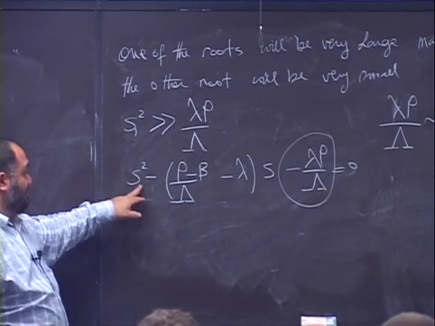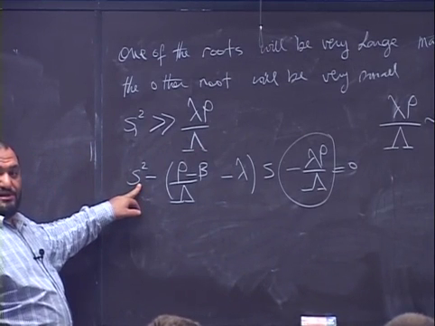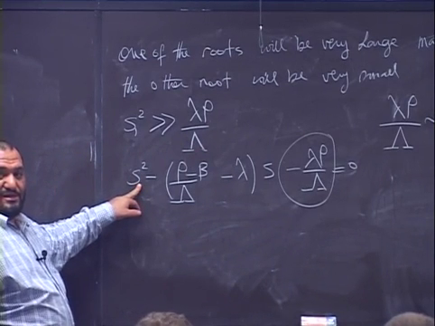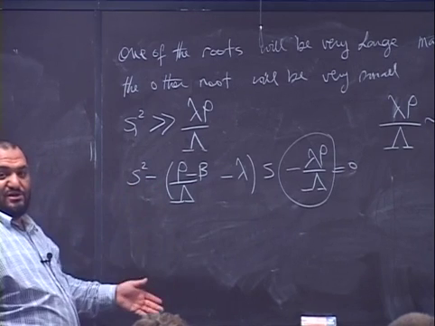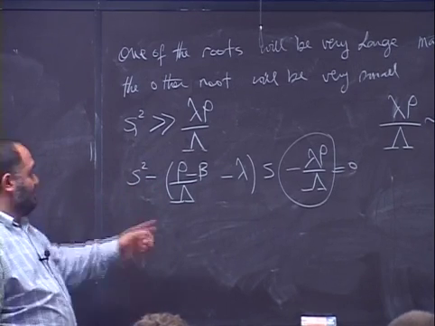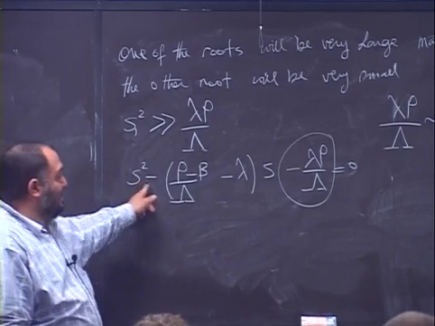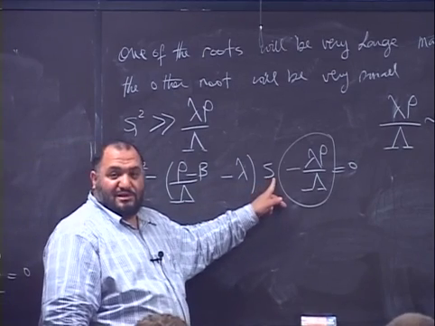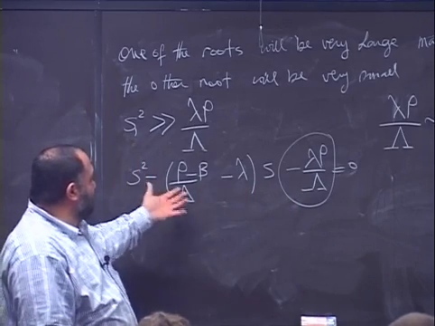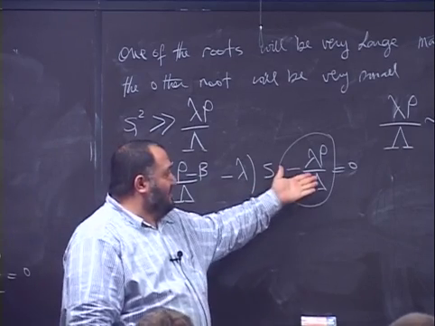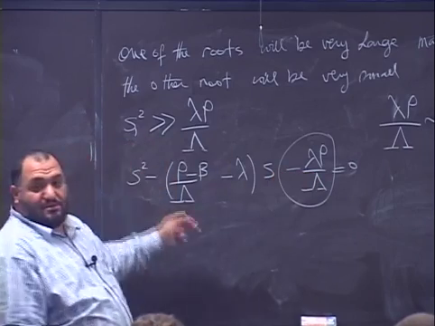Because if you substitute here with S1, what will happen? If you substitute a root of the equation inside the equation, you should get 0. So this is S1, this is something multiplied by S1, and this is very small compared to S1.